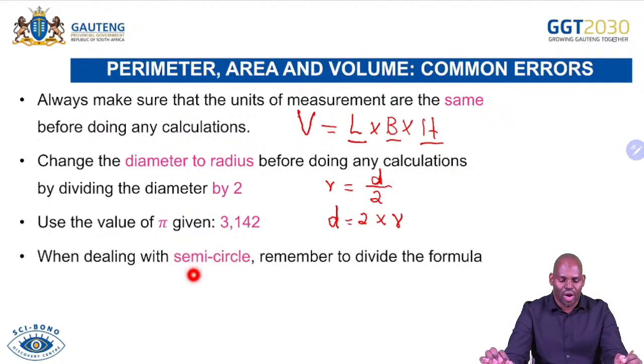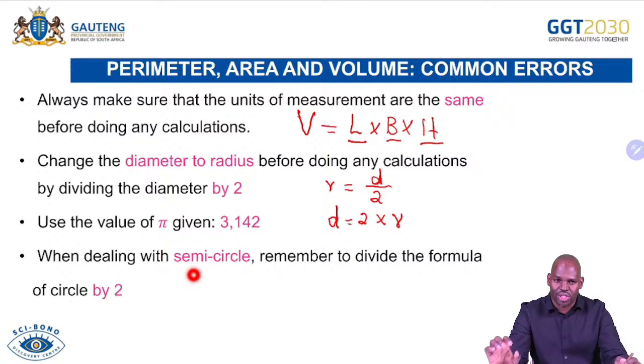Okay, and then when dealing with a semicircle, remember to divide the formula. Let's say, for instance, you have to calculate the volume of half of a cylinder. What you do is you just take the very same formula, but you divide it by 2.